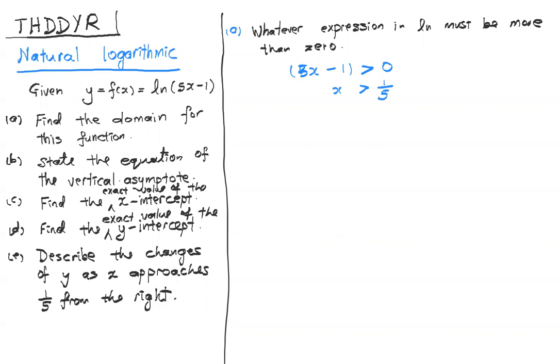So you cannot just let this be the answer for part A. You have to tell that, therefore, the domain will be the possible value of x, and x must be a real number, and x must be greater than 1/5.